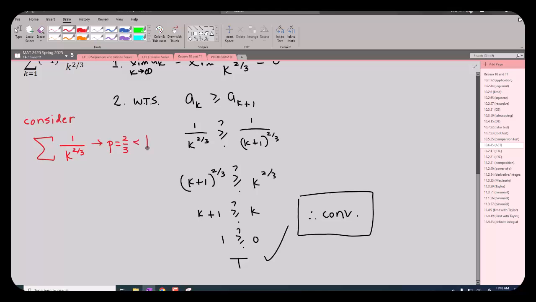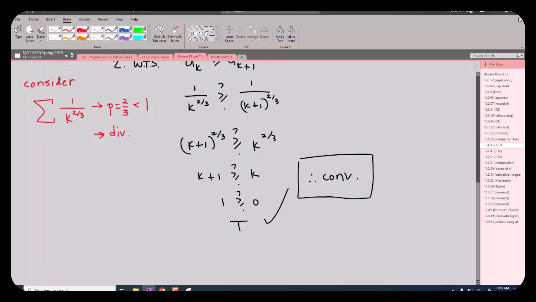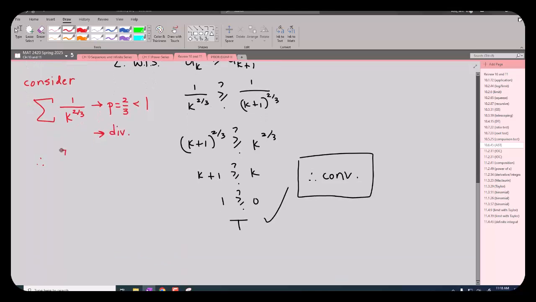So does this series converge or diverge? Diverge. This series has a p-value less than 1, so therefore it diverges. And our big conclusion: does the original series converge conditionally or absolutely?